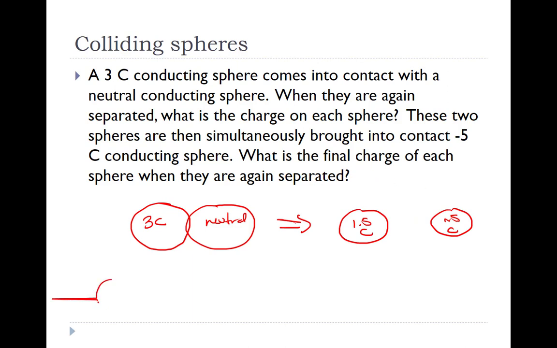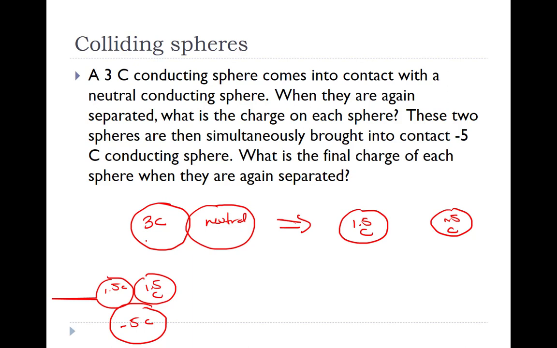I'm now going to take my two 1.5 coulomb spheres and bring them into contact with a third sphere with a negative 5 coulomb charge. I want to know what the final charge will be.